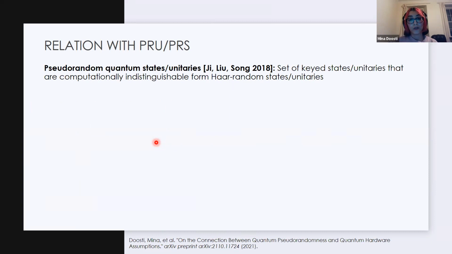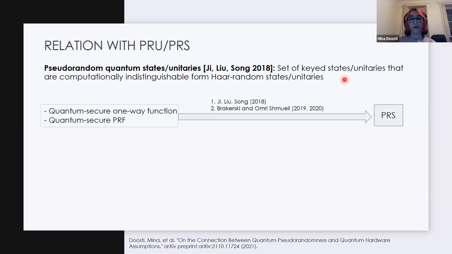They were introduced by Ji, Liu, and Song in 2018. They are a set of keyed states or unitaries that can be efficiently constructed, but they are computationally indistinguishable from Haar random states or Haar random unitaries. And obviously they have a lot of applications in cryptography and other fields.